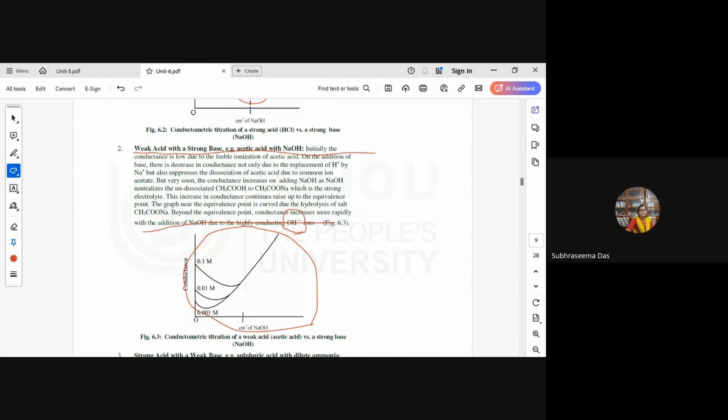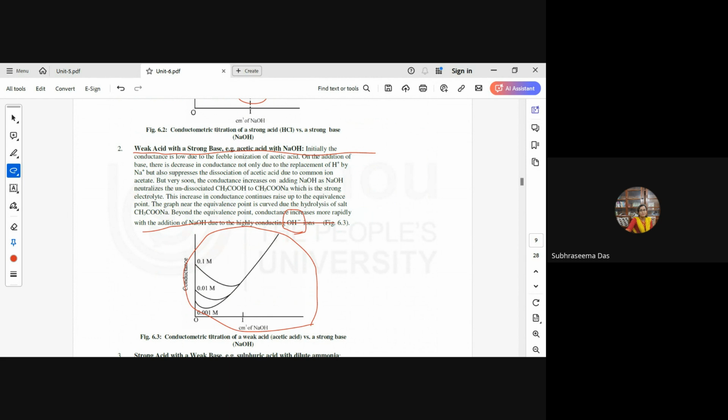So initially, the conductance remains low because acetic acid is a very weak electrolyte and it ionizes very little. After the addition of NaOH, the H plus ion is not only replaced by Na plus ion, but furthermore, the dissociation of acetic acid is suppressed due to the common ion effect of acetate.